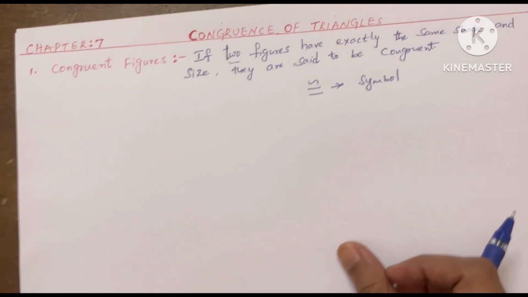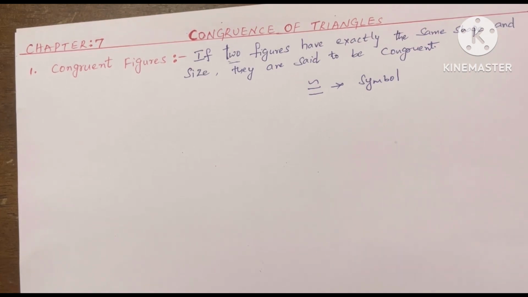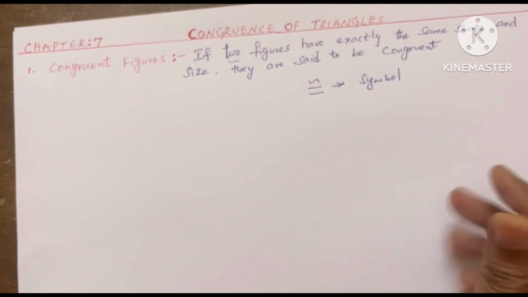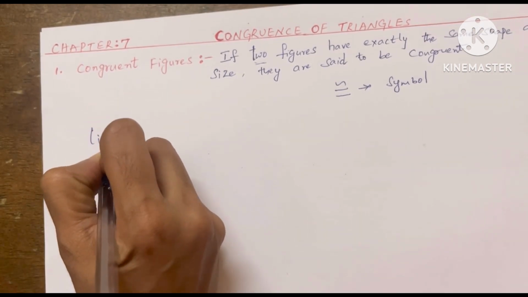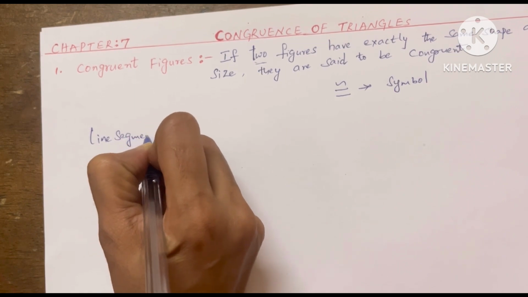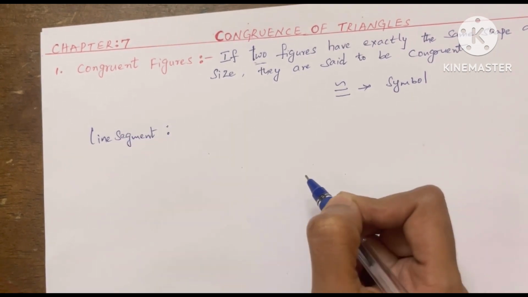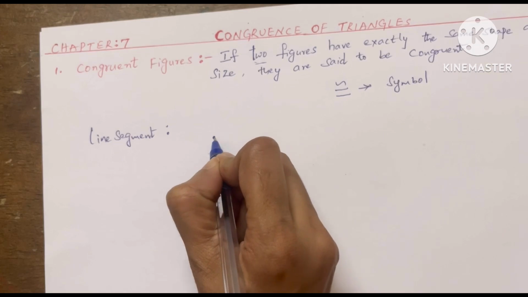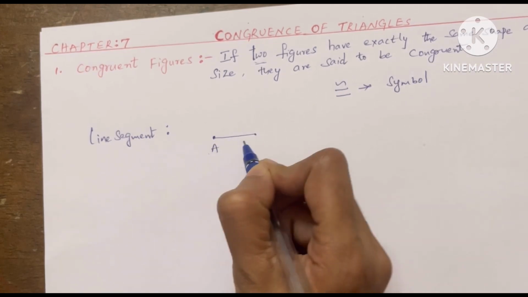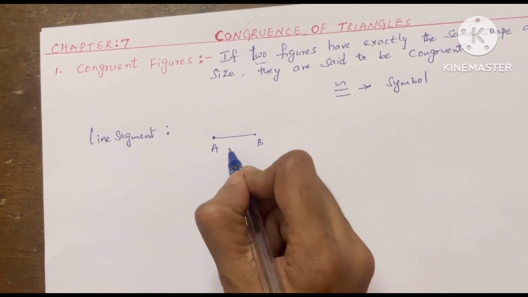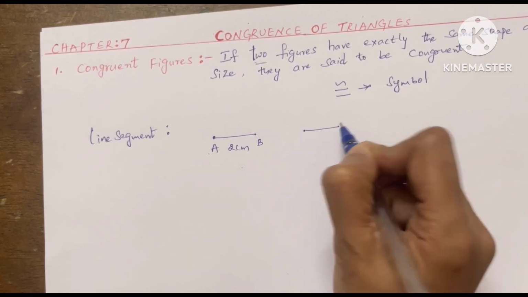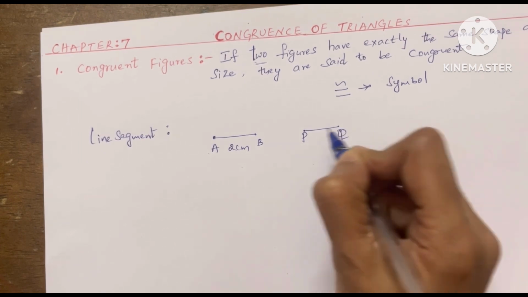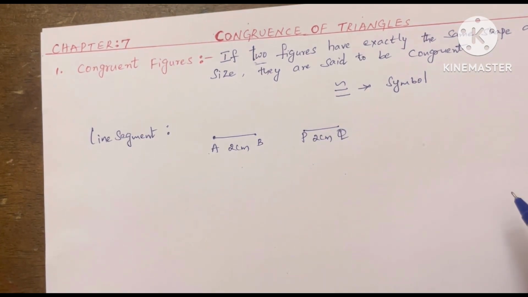The first one is the line segment. What is a line segment? A line segment is a line which has two end points. It is called a line segment. When are we going to say that two given line segments are congruent with each other? For example, I have one line segment, name it AB, and suppose it is 2 centimeters. And I have one more line segment, name it PQ, also 2 centimeters.